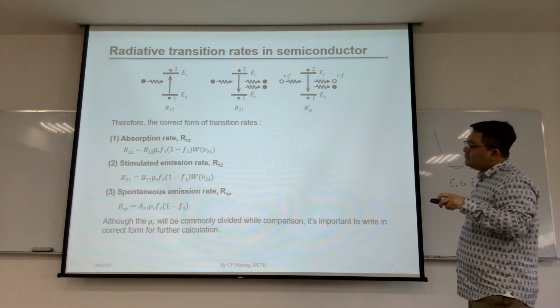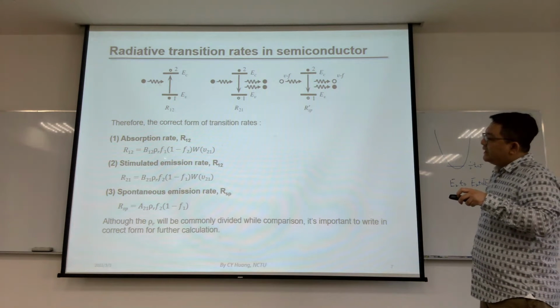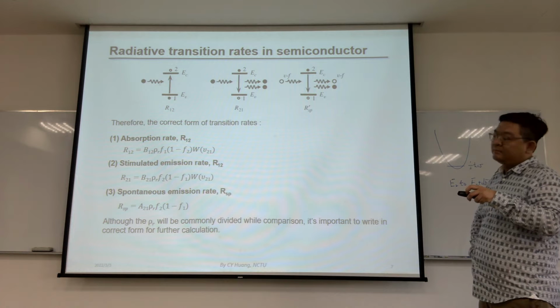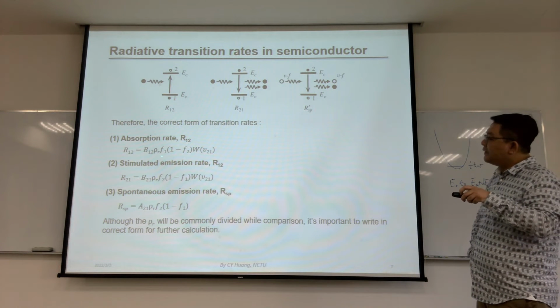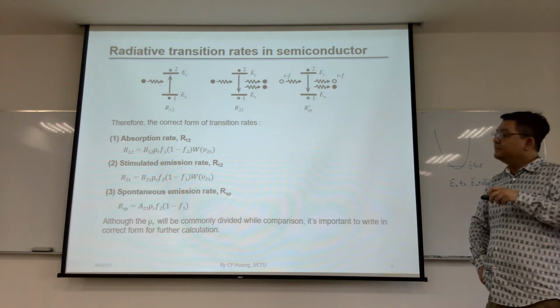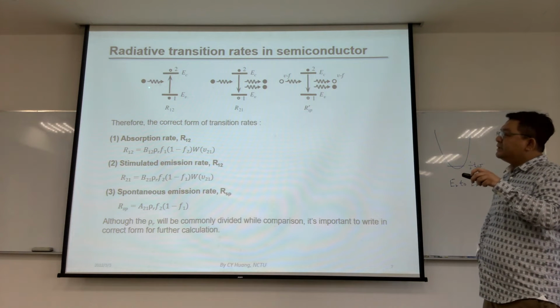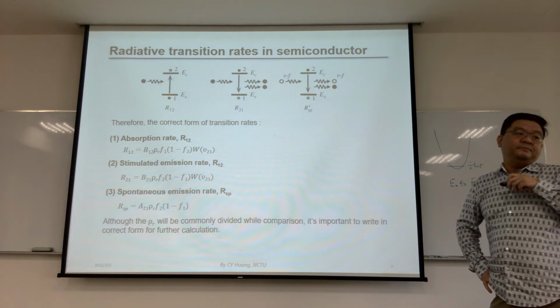Then the lower state has to be occupied. Higher state should be vacant. So it's F1 times 1 minus F2. And the spectral density of this incoming photon.